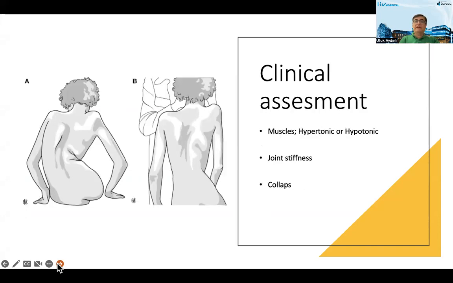Again, in the clinical assessment, we have to check the muscles: are they hypertonic or hypotonic? How are the joints, especially the knees and hips? These contractures are really important in terms of how we plan the surgery. And we also have to look at the collapse.